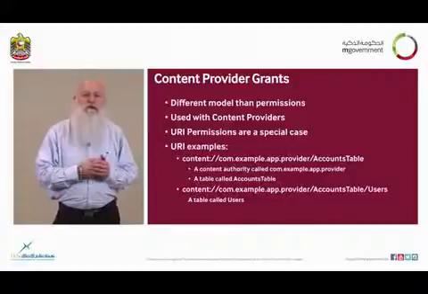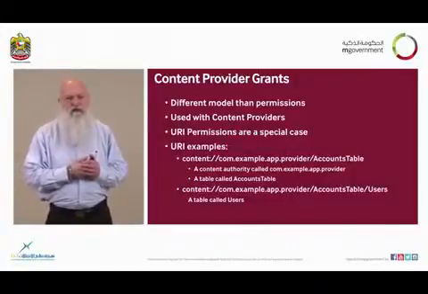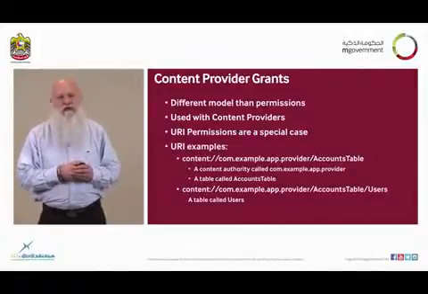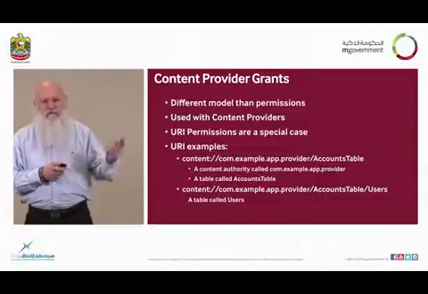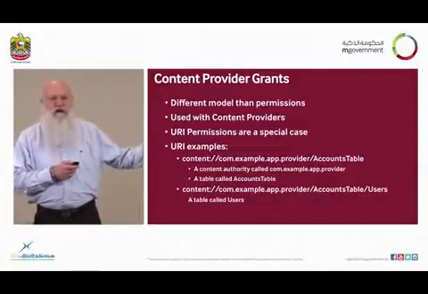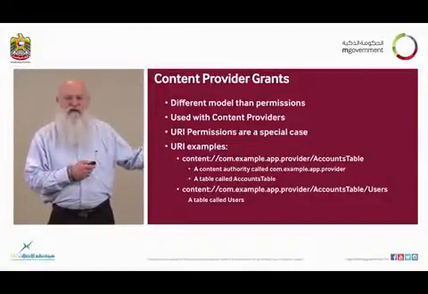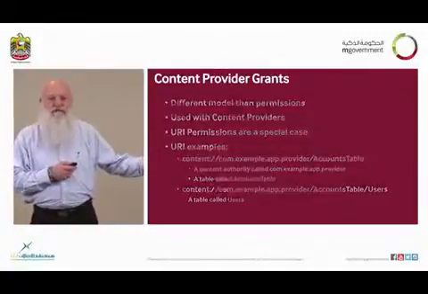Content providers work a bit differently than other permissions. Content provider grants are used to control access to content providers, and URIs are a specific example. So here are some examples of a content provider grant providing access to the accounts table or a table called users.